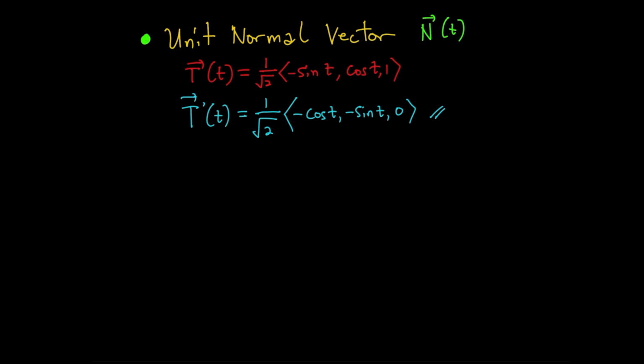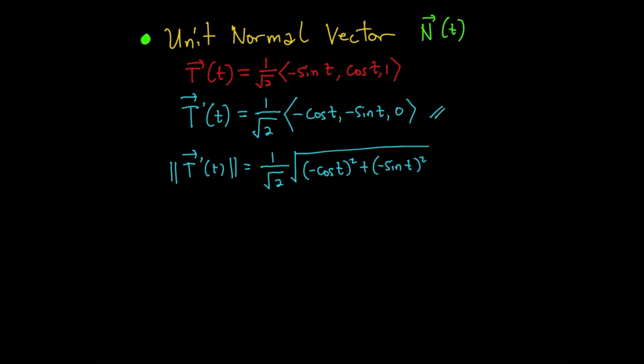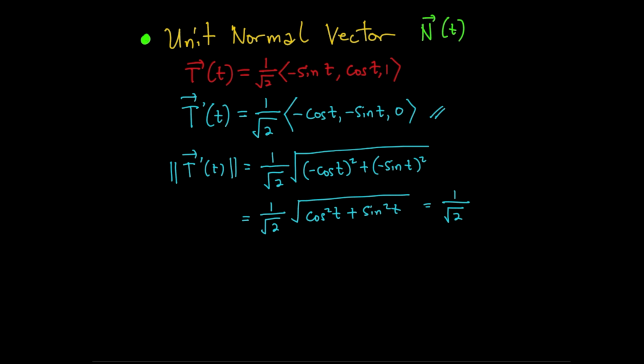So for the magnitude, we have the scalar that we mentioned, and then we take the magnitude of the vector, which is the square root of negative cosine t squared plus negative sine t squared. We simplify this first, and that's why we obtain 1 over square root of 2.